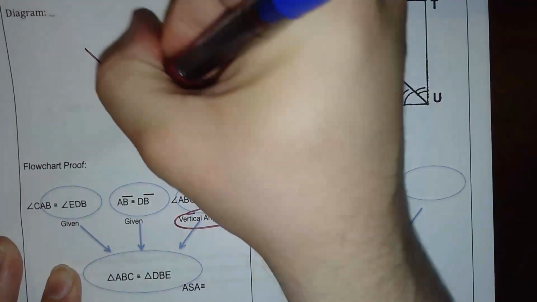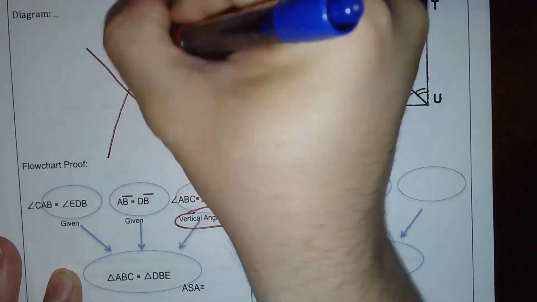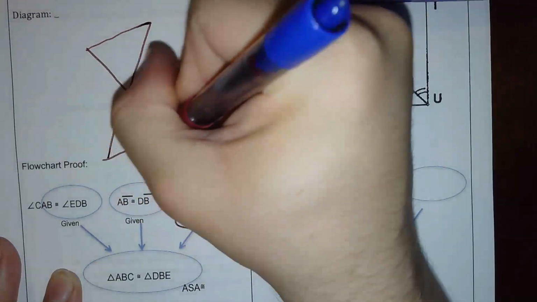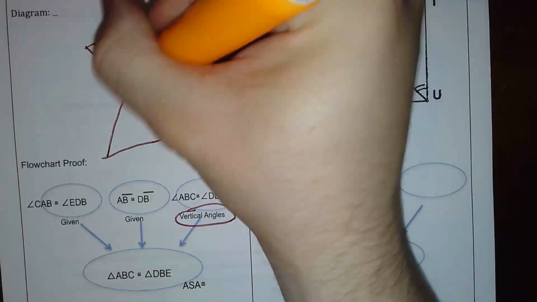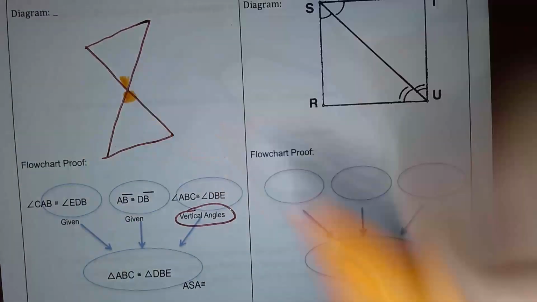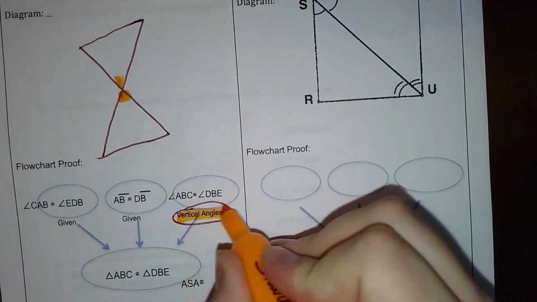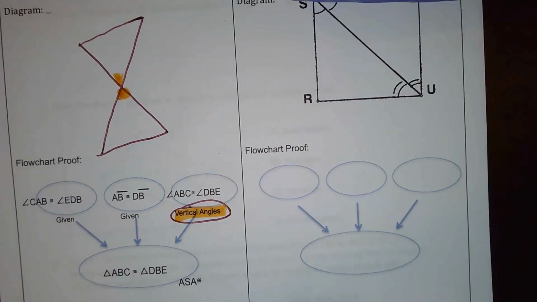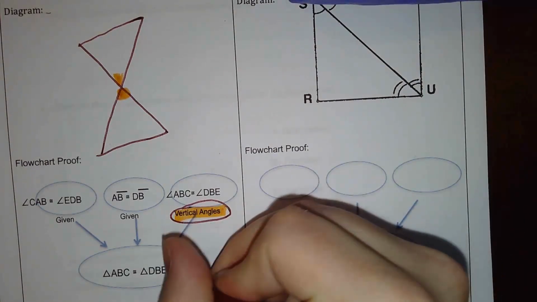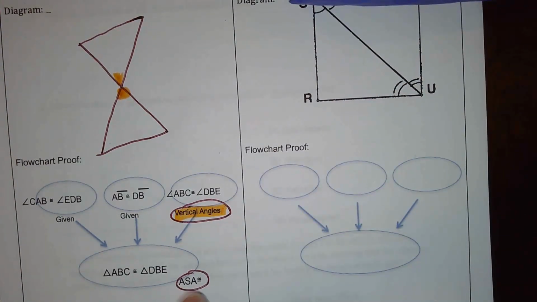Right? Vertical angles means we're going to have angles that are vertical to each other or across from each other. So I know that my diagram needs to look like this. Okay, also I need to know that it does create angle side angle.